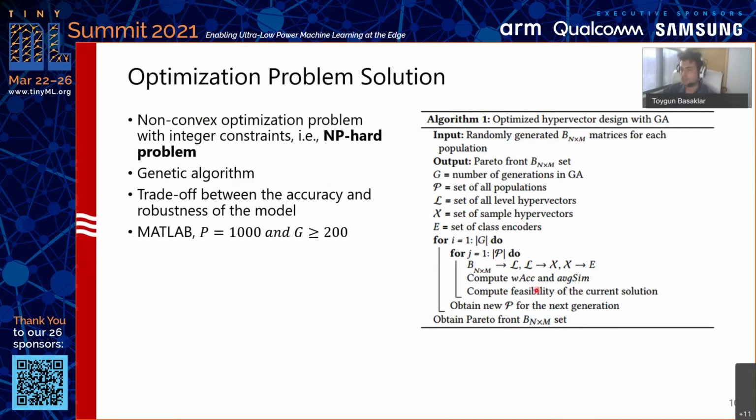We also check the feasibility of the current solution, and after a specific number of generations, the algorithm outputs a Pareto front B of N by M set. We implement our algorithm in MATLAB using a population size of 1,000, and we run at least 200 generations for each application.